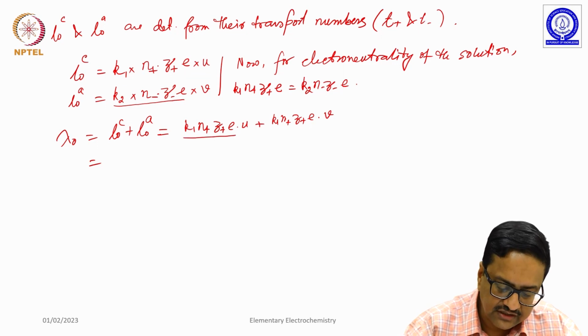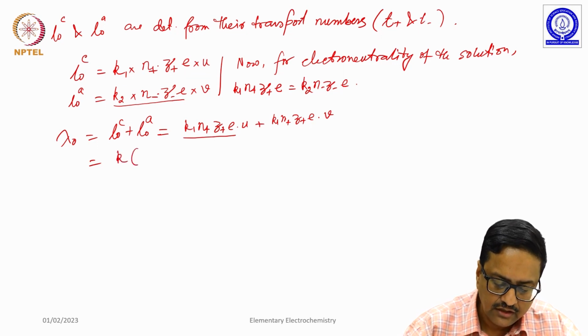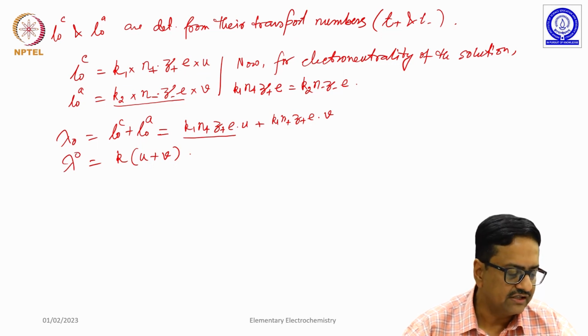Suppose this quantity is a constant K into U plus V. So lambda 0 is K into U plus V.